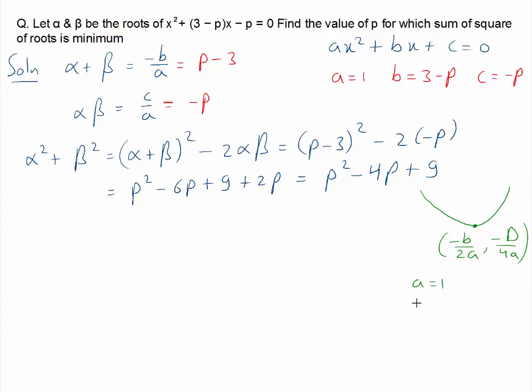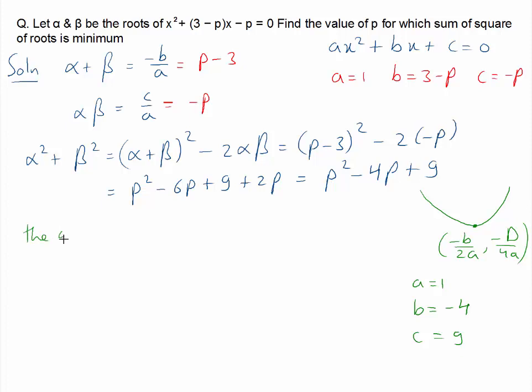So a is 1, b is minus 4 and c is 9. Now they are not asking the minimum value of this, they are asking at what value of p this becomes minimum. So this becomes minimum when p equals minus b by 2a.